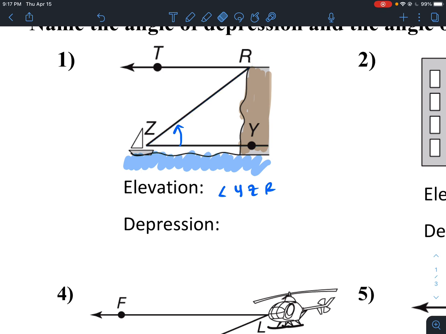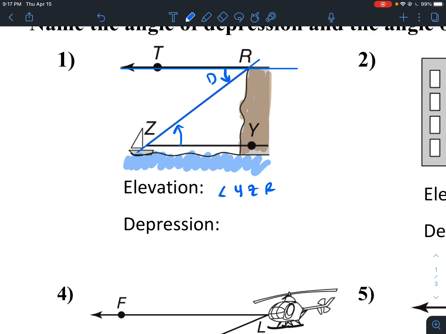Now you could also look at it here, where you have another horizontal line that extends past the cliff, and then opposite it is the angle from the top of the cliff to the boat. The angle formed from these two lines is your angle of depression.